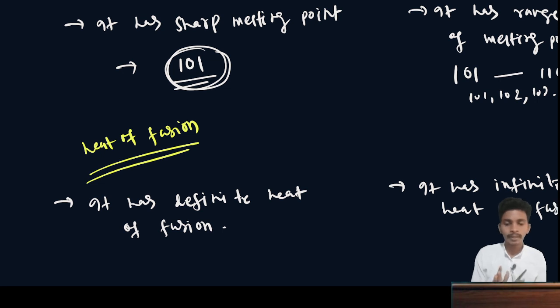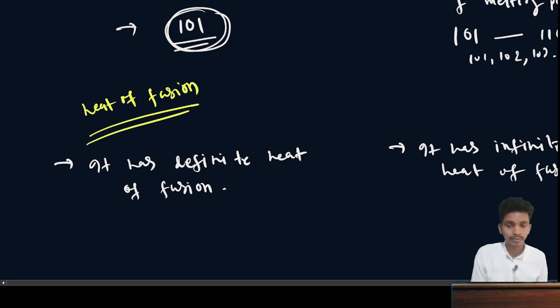It means that at a particular time the heat of fusion will occur, but here, over a particular range, it will do the heat of fusion.